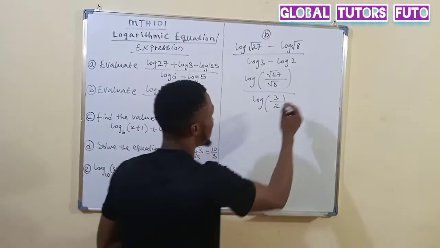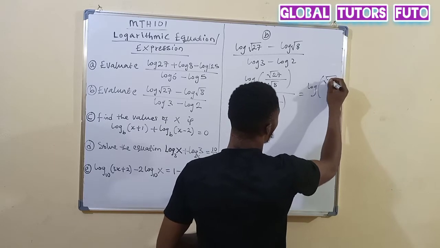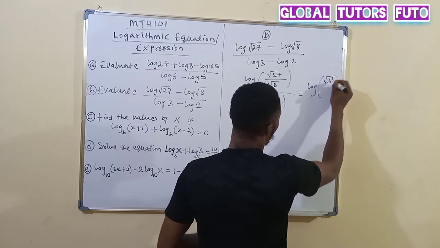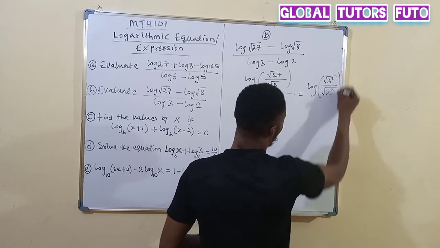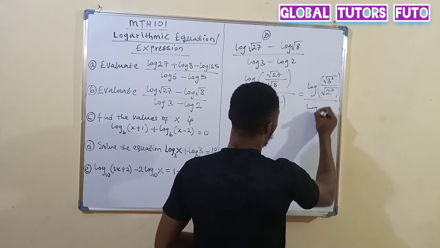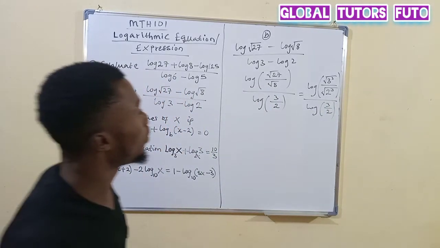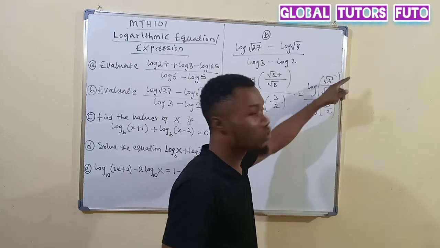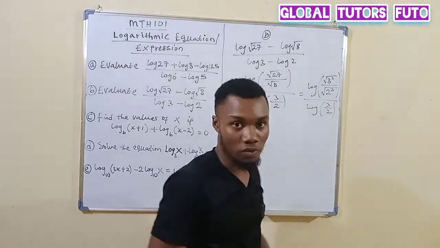So this is the same thing as log of square root of 3 raised to power 3 over square root of 2 raised to power 3, bracket close, over log 3 over 2. You know that square root means power of half.